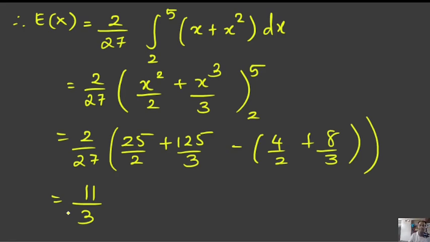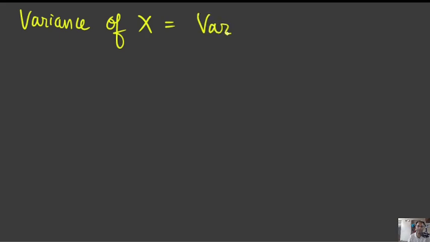Now let us go for the further calculation here. Let us calculate the variance of X. The variance of X is generally denoted by Var(X), or even you can write V(X).